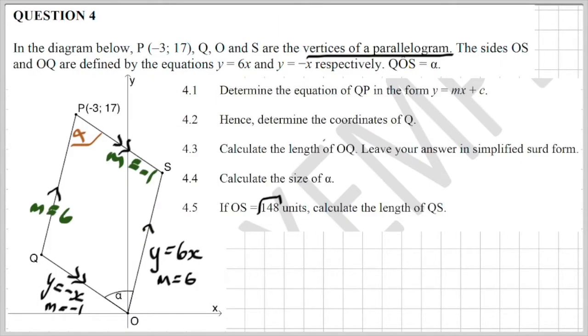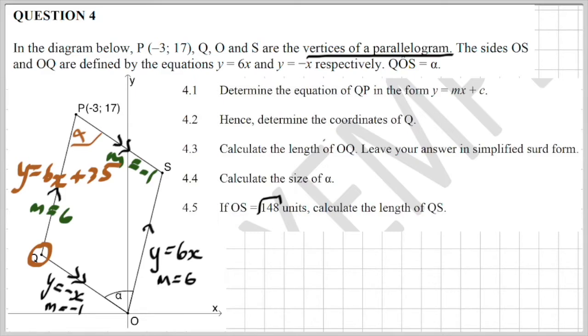Now, I want to quickly go back to the previous slide. It says, determine the coordinates of Q. So in other words, how do I get Q? Remember what you just calculated: the equation of PQ to be y = 6x + 35.